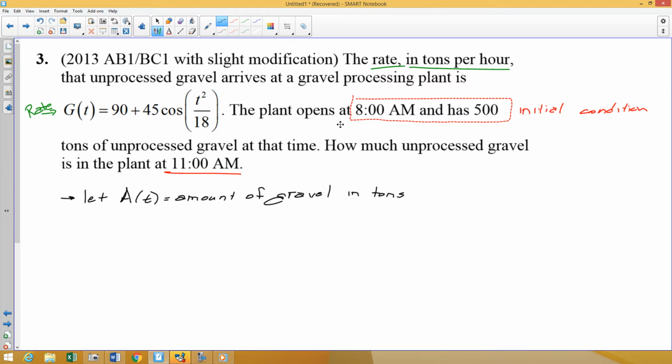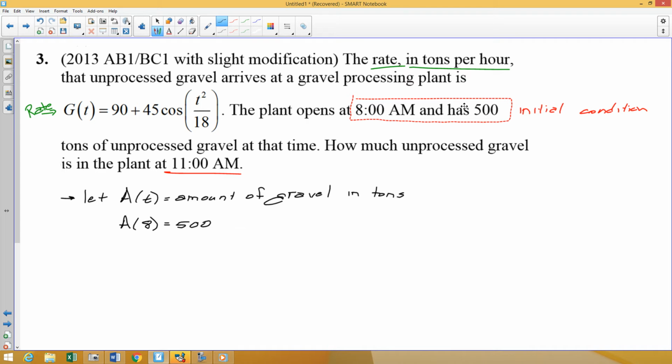And what I was saying just a minute ago is you may be tempted to say that my amount, the initial condition, at 8 a.m. is 500 tons. I don't want to do that because I would rather let my initial condition be at my initial time, which I prefer to use 0.